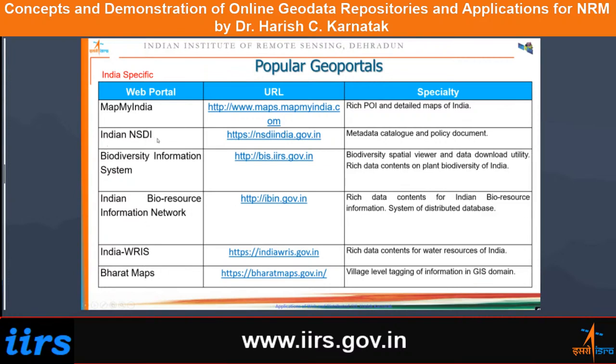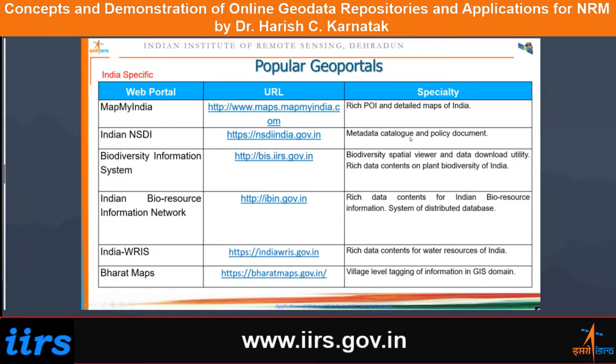Indian NSDI, that is the Indian National Spatial Data Infrastructure, is another initiative by the Department of Space and the Department of Science and Technology, or DST, in India. They are not providing maps or data as such, but they provide the metadata, catalog, and policy documents related to this data.